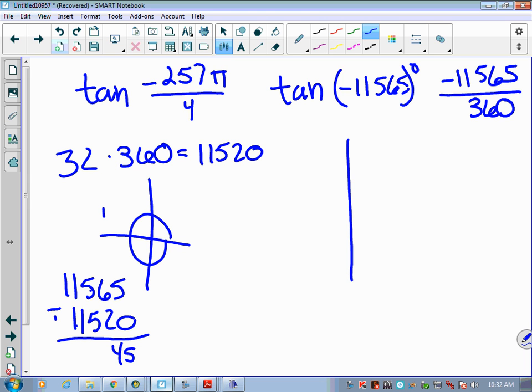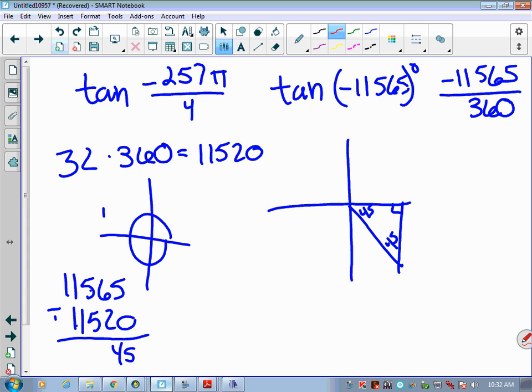So as I come around here, I'm going around this coordinate plane 32 complete times and another 45 degrees. Do you follow that? That brings me down here where this is 45 degrees, which means this is 45 degrees, which means that is 90. Do we get how we got there? Why did I go down?